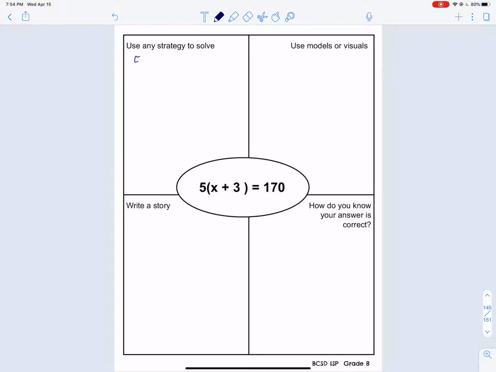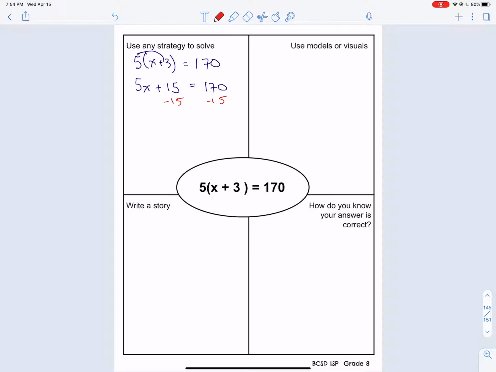So I'm just going to rewrite it. 5 and then parentheses x plus 3 and then equals 170. Okay, so using distributive property, 5 times x is 5x, and then 5 times 3 is 15, equals 170. Okay, and then we're solving for x, so let's get rid of all the numbers on the same side as x, so let's subtract 15.